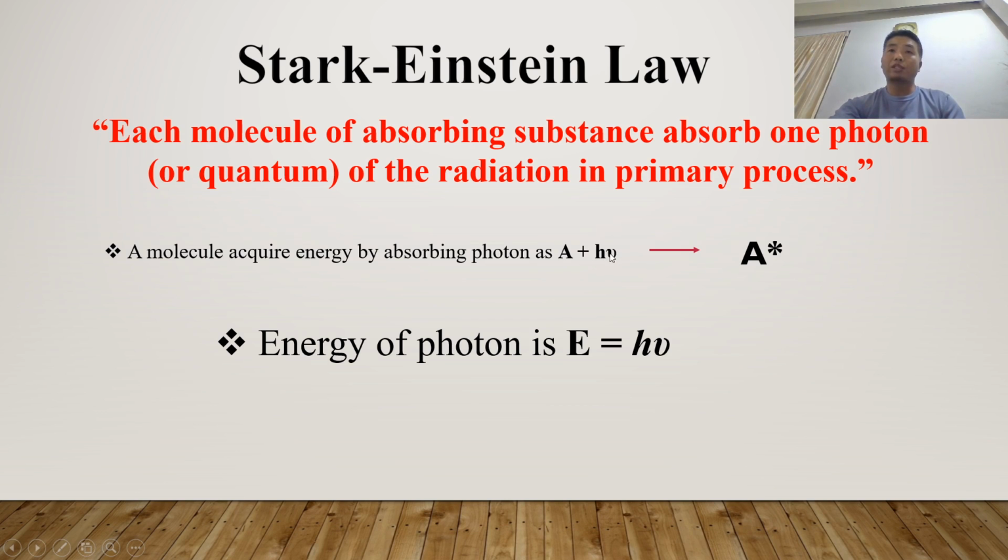This h nu is one quantum of photon. It produces A star, which is the excited molecule. Energy of photon is E equal to h nu. This one is very important. E equal to h nu, and this is the Stark-Einstein law of photochemistry.